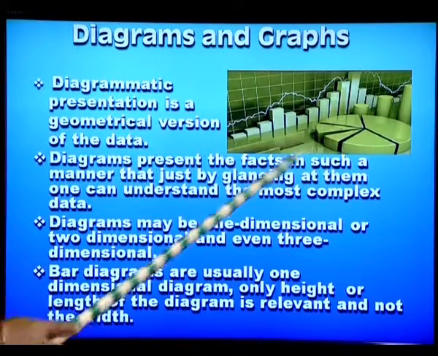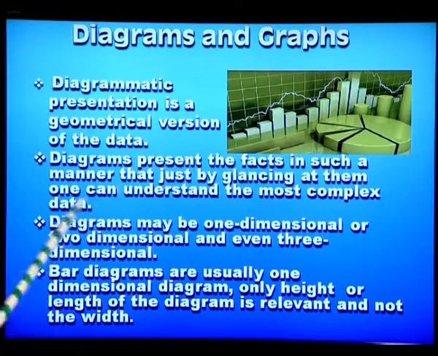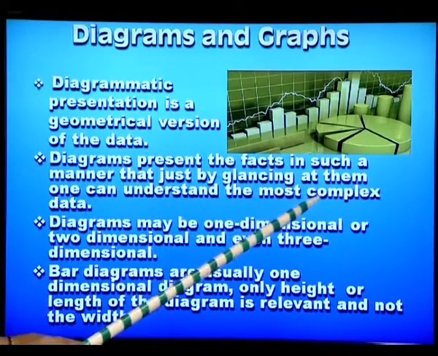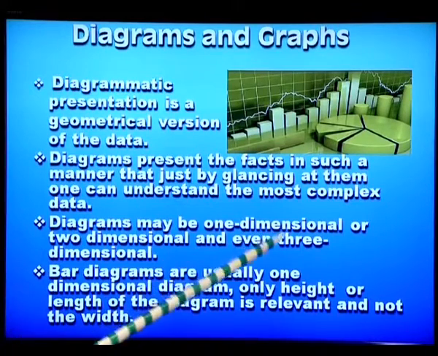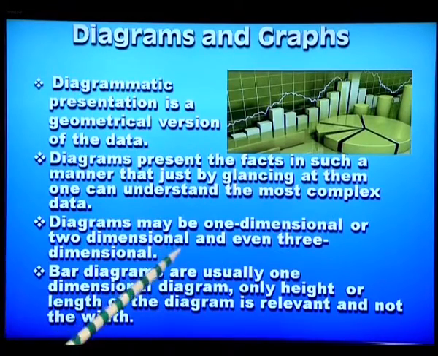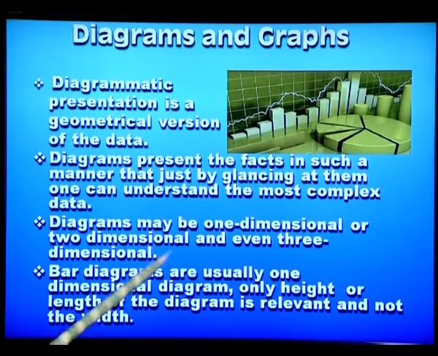Diagrams present the facts in such a manner that just by glancing at them, one can understand the most complex data. Diagrams may be one-dimensional or two-dimensional and even three-dimensional. Bar diagrams are usually one-dimensional diagrams. Only the height or length of the diagram is relevant and not the width.